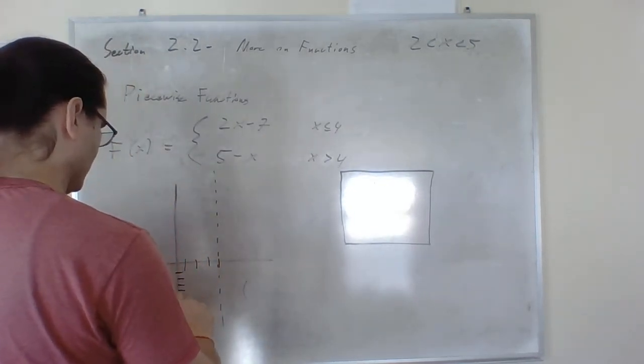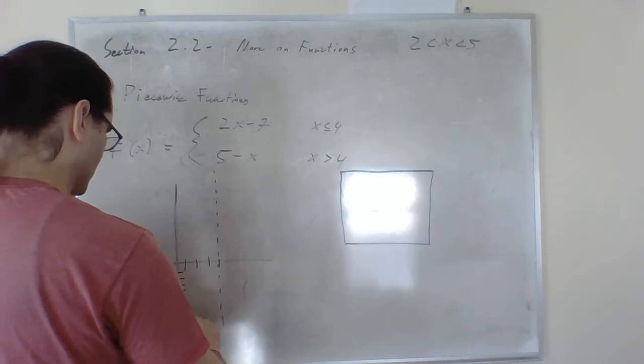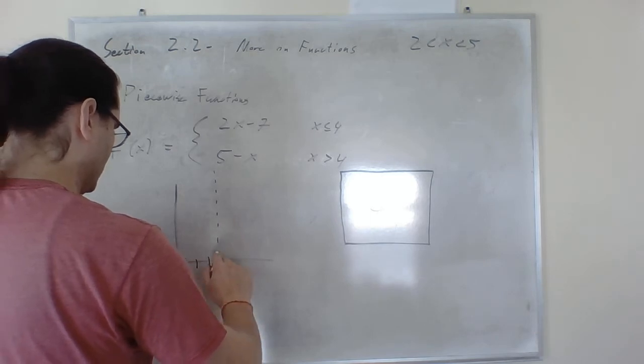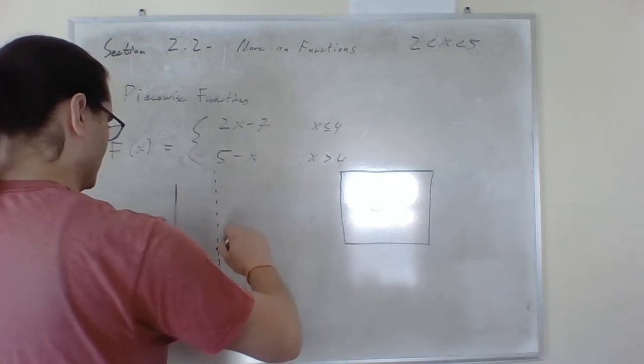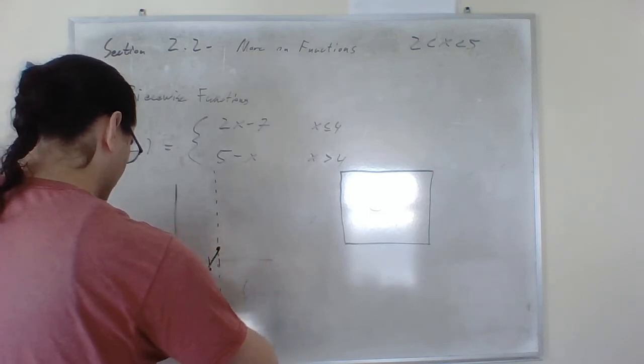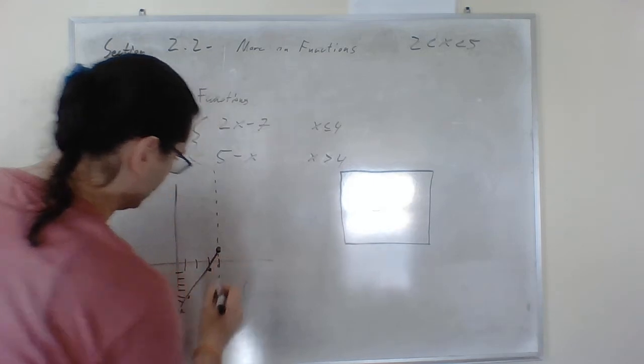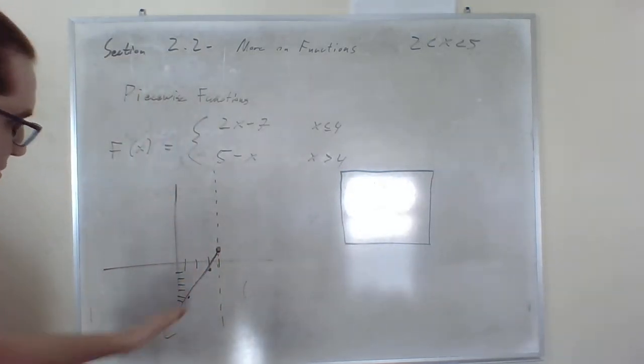So 1, 2, 3, 4, 5, 6, 7 to 5 to 3 to 1 to 1. Everything to the left of this line, it's doing this.